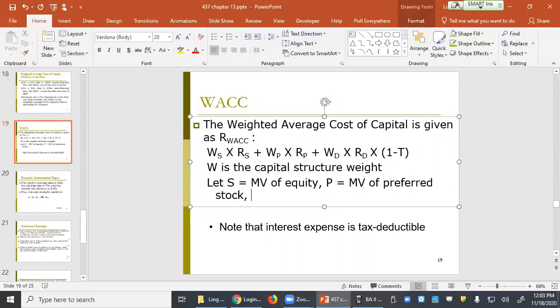Capitalized D equals the market value of debt, while capitalized A equals the market value of assets. Mathematically, it is equal to the market value of equity plus the market value of preferred stock plus the market value of debt. You add the three market values together to get the market value of assets.